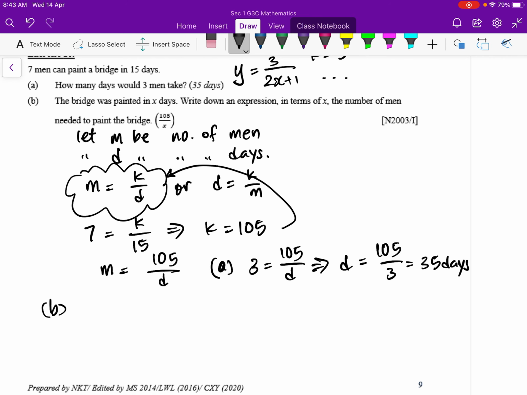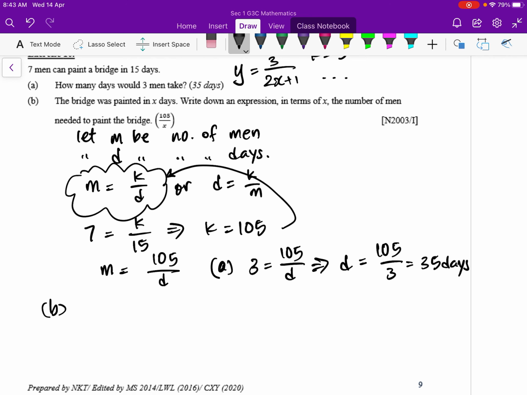The next in part B, the bridge was painted in X days. They don't tell you how many days it is, but it is just X days. So write down an expression in terms of X, the number of men needed to paint the bridge. Okay, so number of men, we have our formula. K is 105. Divided by the number of days, they tell us that the D value is now X. So X is a particular value of D. It's not variable anymore.